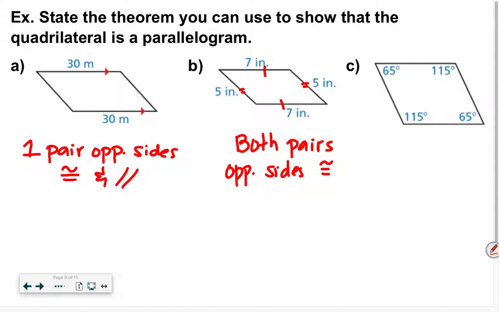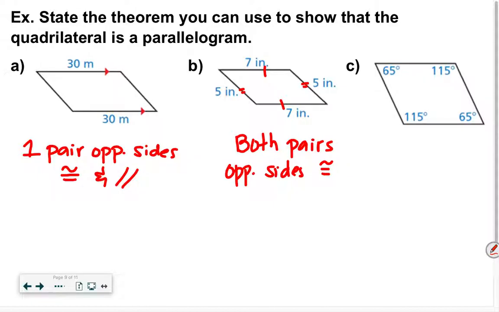And then the last one, with these angles, Kendall, which theorem do you think of this list of 5 matches why C has to be a parallelogram? 3.